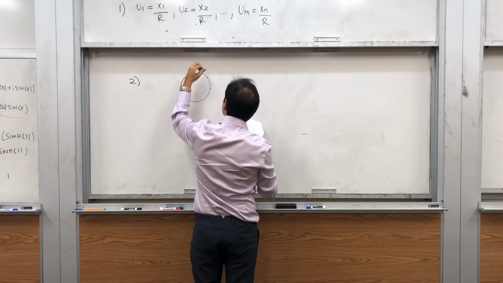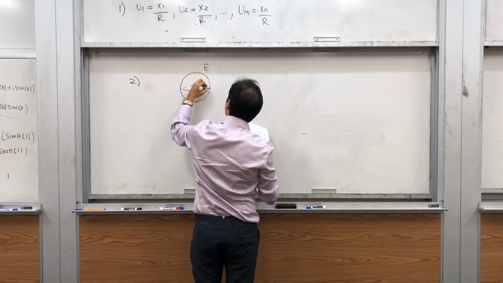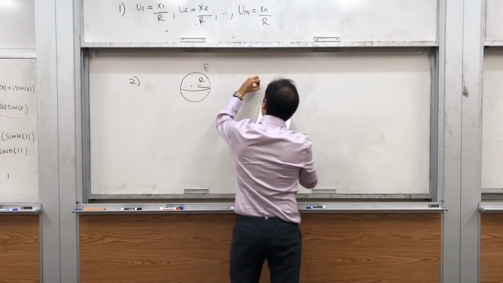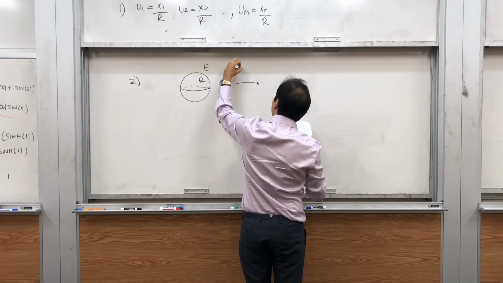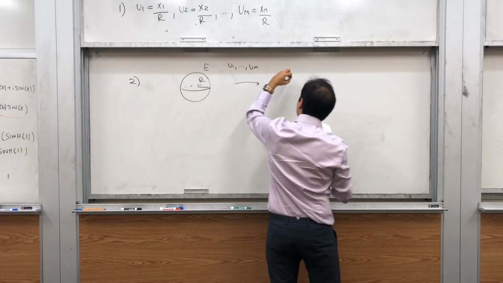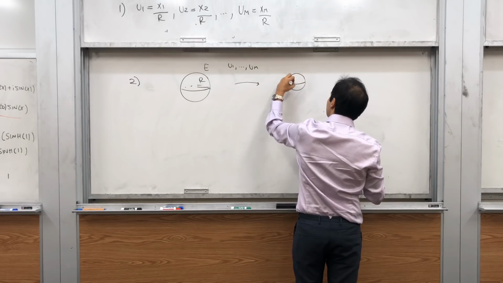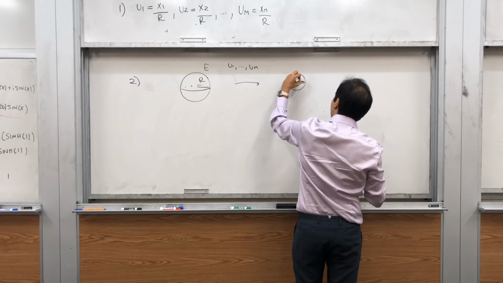So again, if here you have E, which is the ball of radius r, if you apply u1 up to um to it, then you just get the ball of radius 1. So a smaller ball.